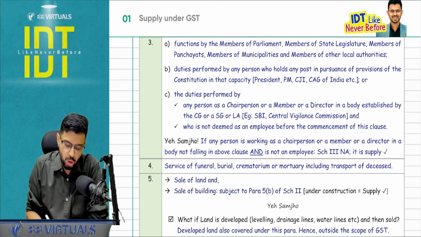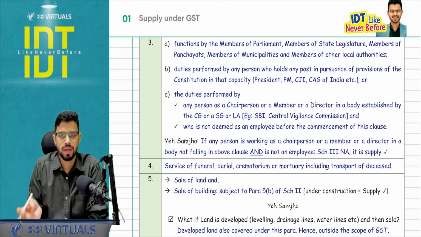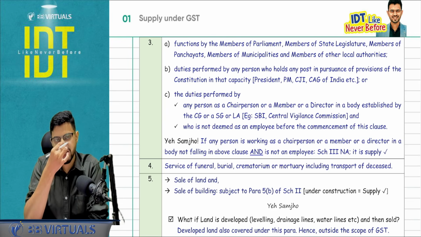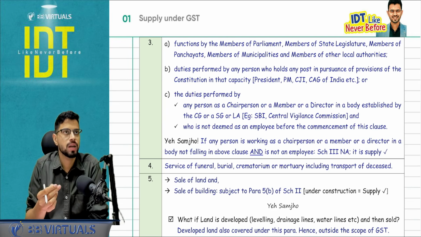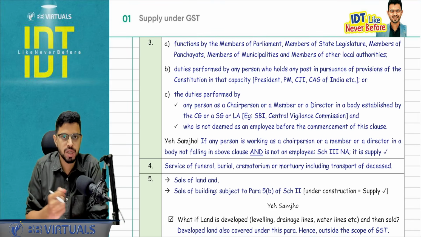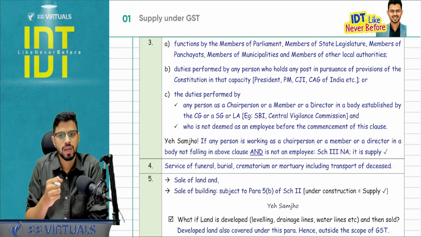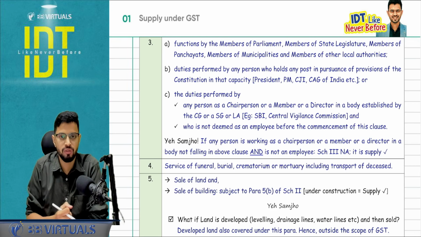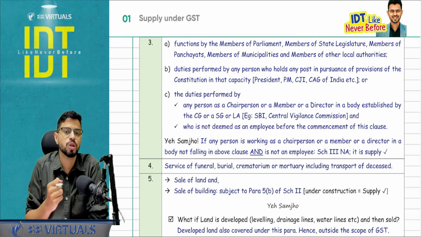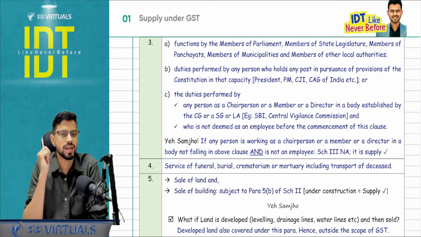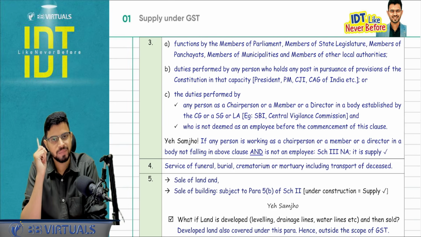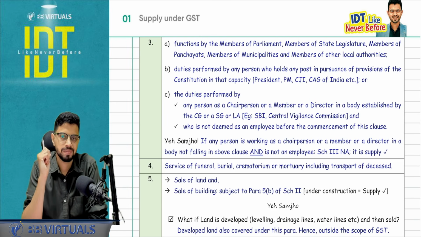And similarly, any constitutional post, for example, our Prime Minister or our Chief Justice of India or the Election Commission people or the Comptroller and Auditor General of India, all these people are holding a constitutional post in India. Their services and their remuneration is not under supply. That is not under taxable event.